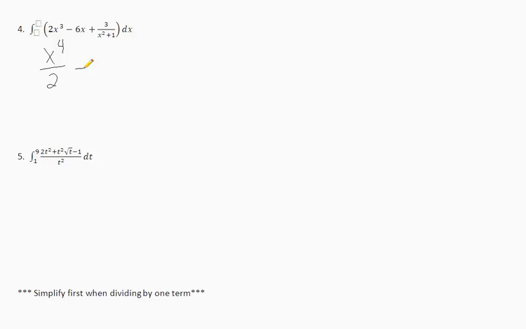The next term would be 6x squared over 2, or just minus 3x squared. Now you have to recognize that whenever you have x squared plus 1 in the denominator, this is tan inverse. So this would actually be plus 3 tan inverse of x. It's just remembering your inverse functions, and then again, plus c.